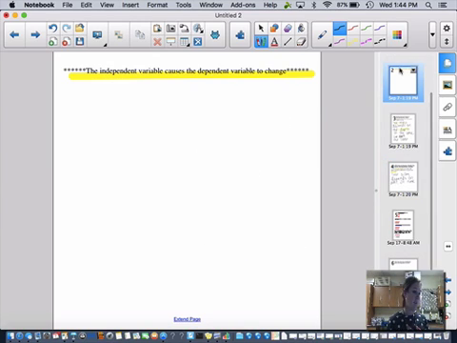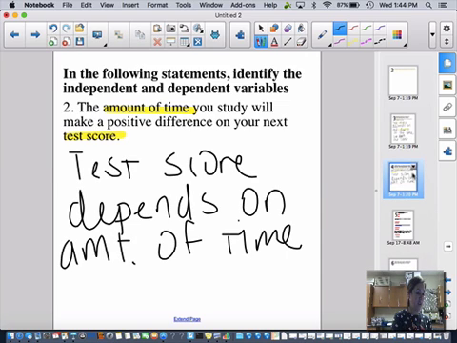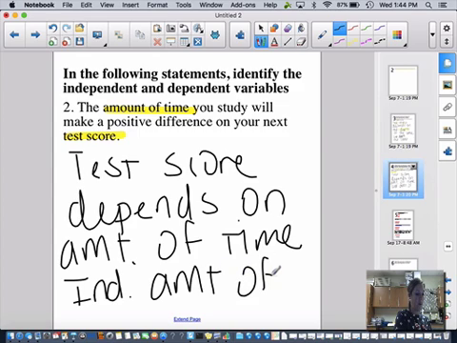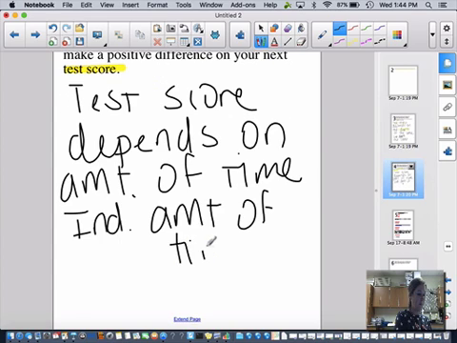So looking back at this statement, the independent variable causes the dependent variable to change. So therefore, the independent variable would be amount of time. And the dependent variable would be test score.